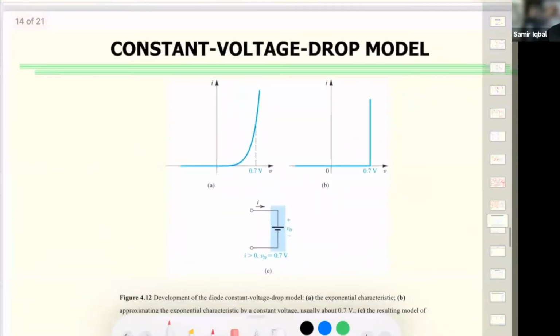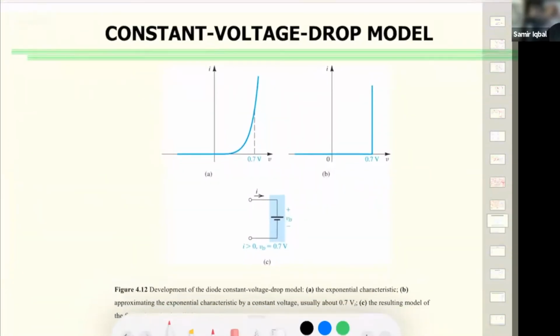So there are two models now, and we have applied one of them already. Either we say that there is a constant voltage drop across a diode, and we take that to be 0.7 volt, and we will use that going forward.